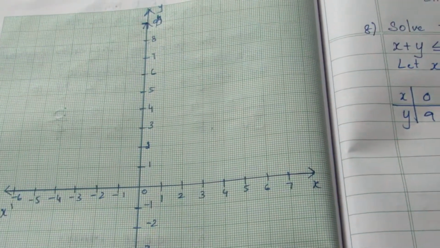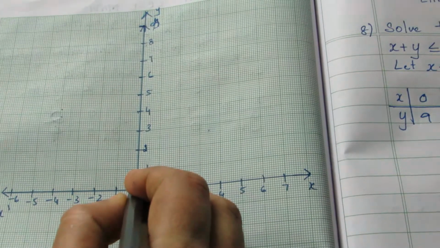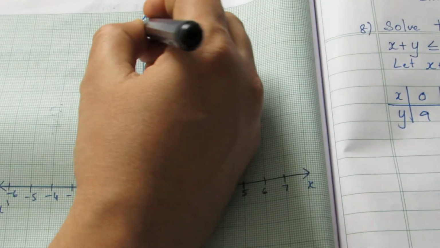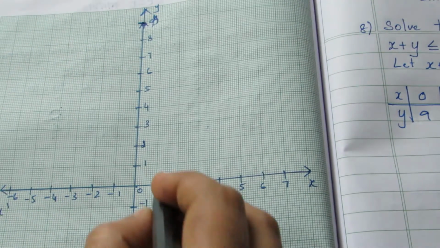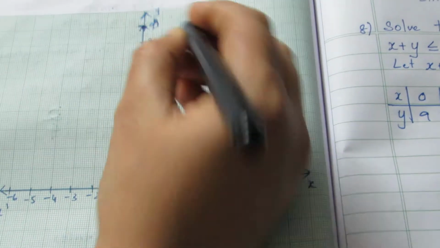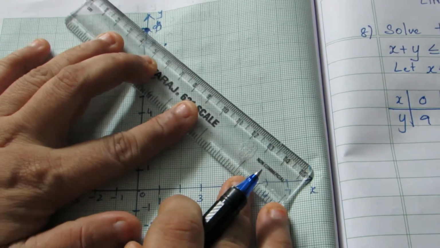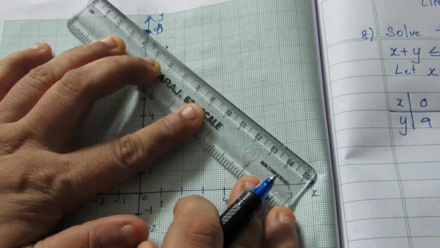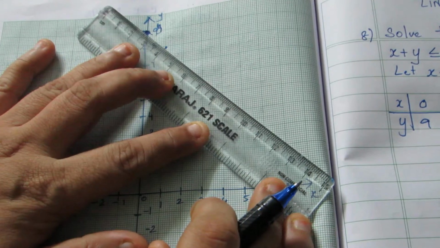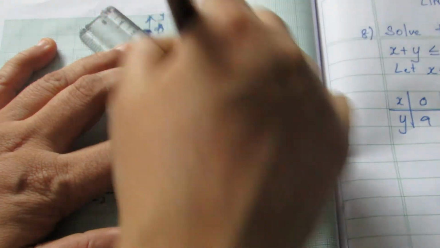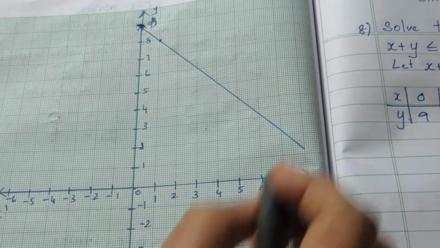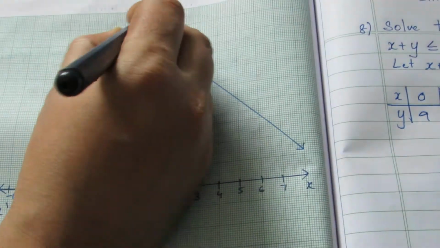Here this is your graph. 0, 9 is your first point. So 0, 9 is here. Now 1, 8. 1, 8 is here. Extend the line. This is your first graph.